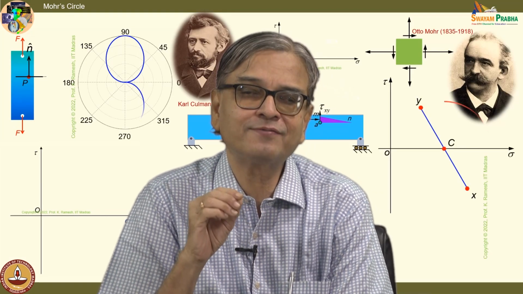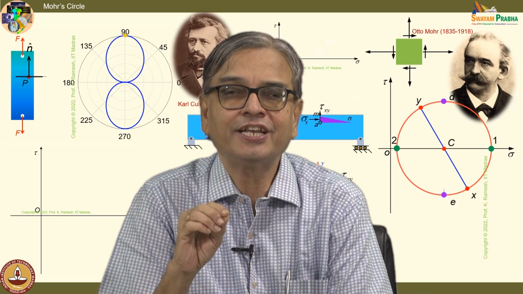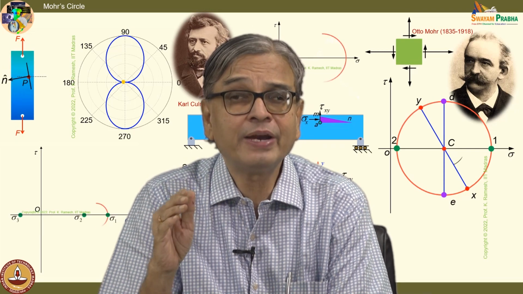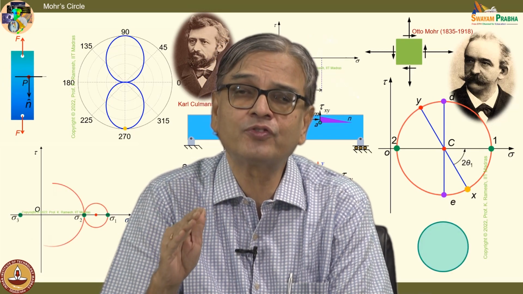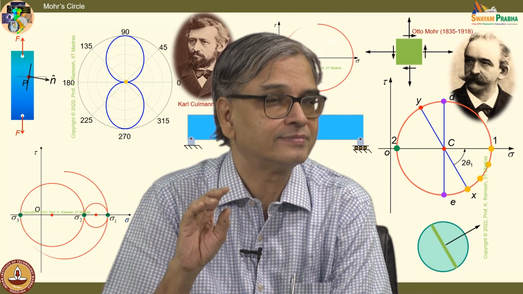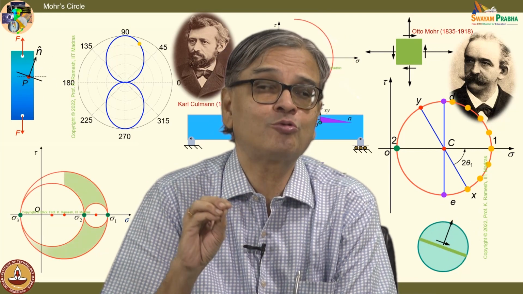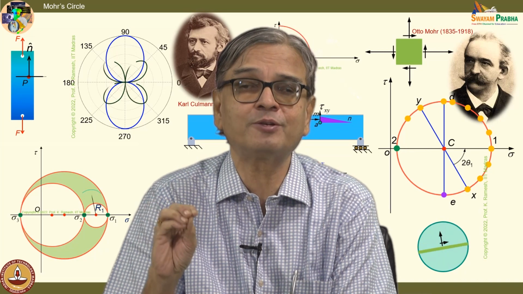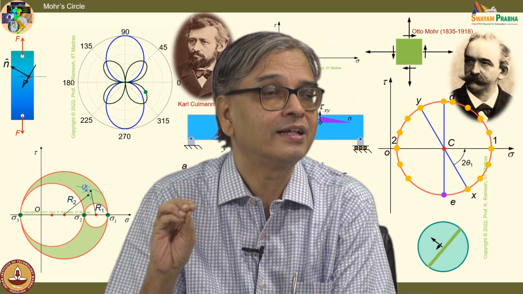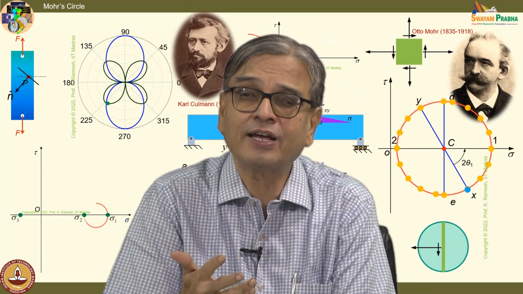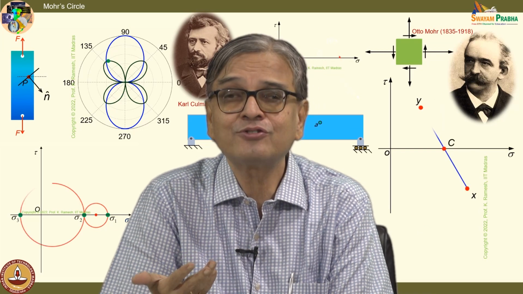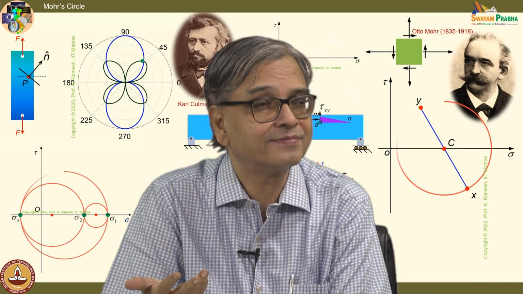Many times when you learn engineering, you will have to bring in all aspects of your learning from mathematics. I have only tan 2 theta 1 equal to 2 tau xy divided by sigma x minus sigma y. If I want to find out theta 1, what happens to inverse trigonometric functions?